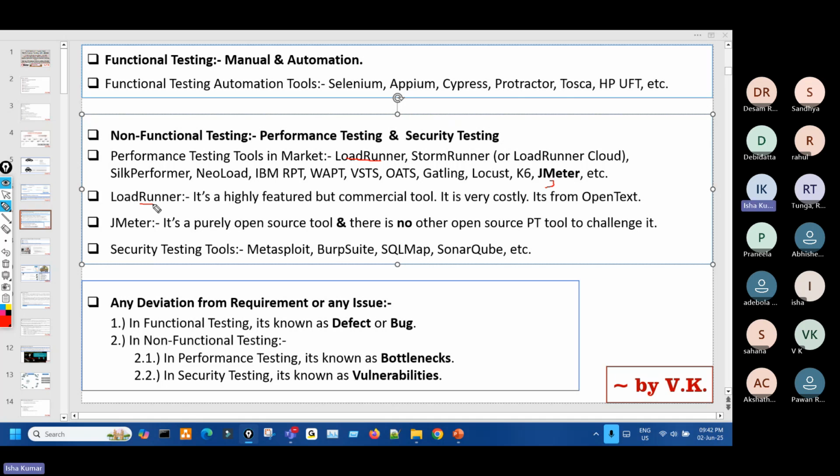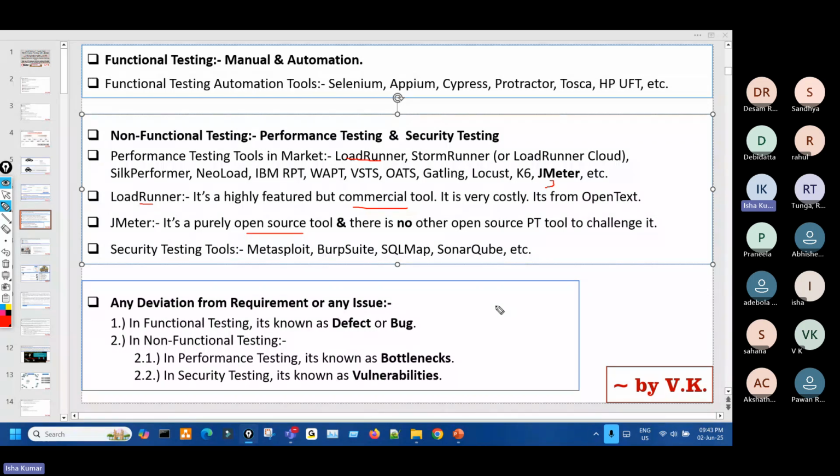Now you'll ask me, so many tools are there, so why will we be learning JMeter? See, there is something called commercial and open source. Let us say this PPT through which I'm displaying the content, or Windows 11.